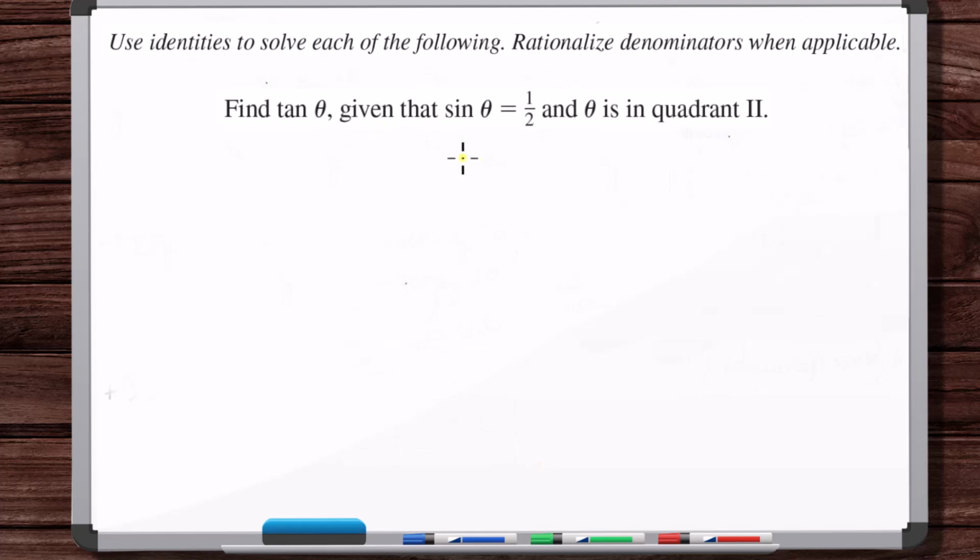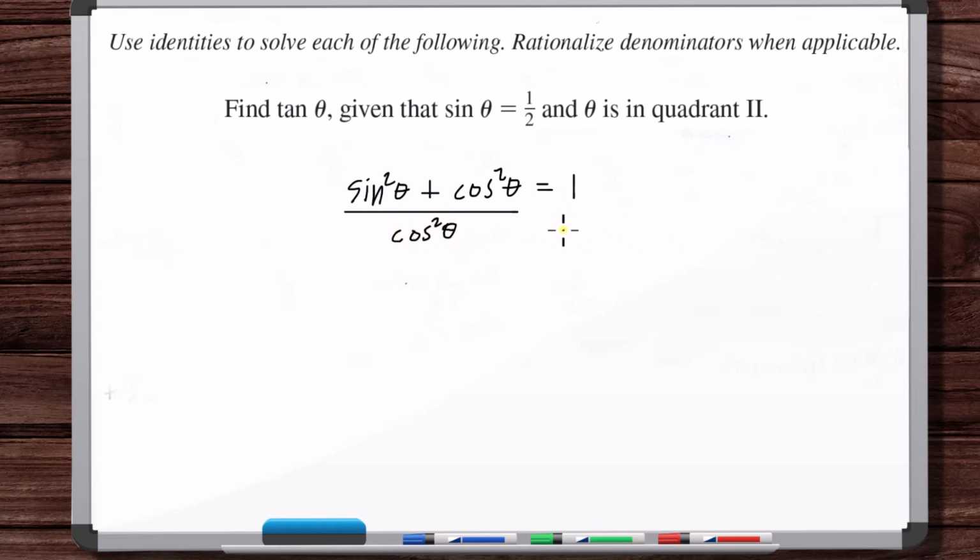Okay, here we're not going to use a Pythagorean identity. We're going to use one of the two quotient identities. So if we know that sine theta is 1/2, well, no, we might use a Pythagorean identity as well. So sine squared theta plus cosine squared theta is equal to 1.